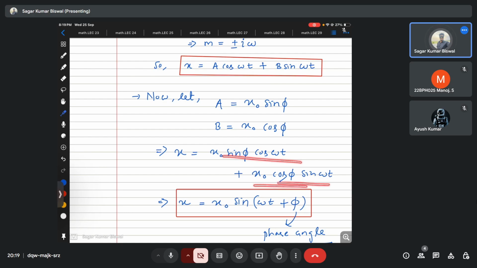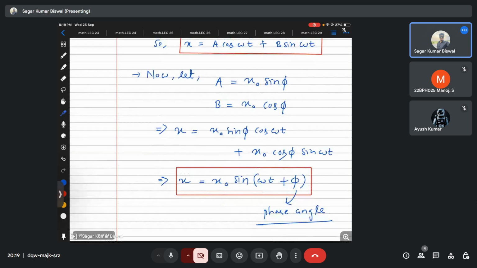By applying that simple trigonometric formula, you get the position of the particle with respect to time as x0 sine omega t plus phi. This phi is known as the phase angle, and this x0 is the amplitude of the oscillation, right?